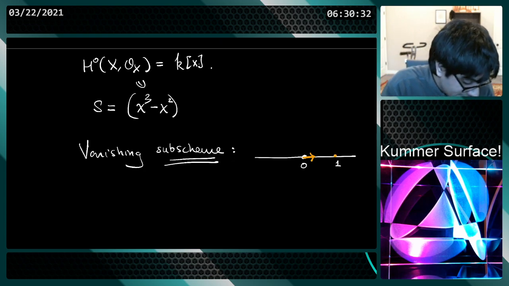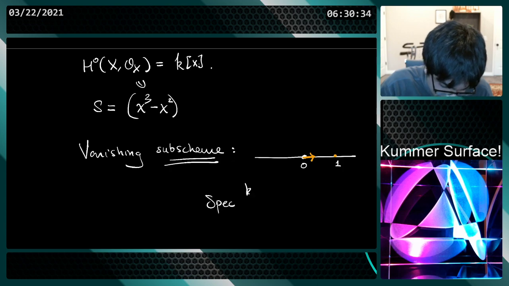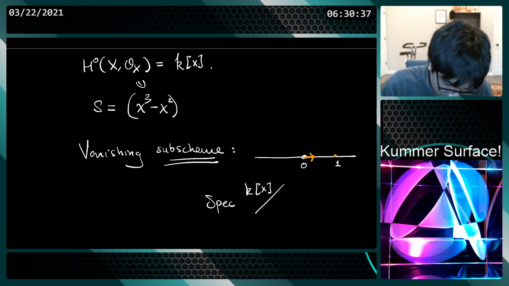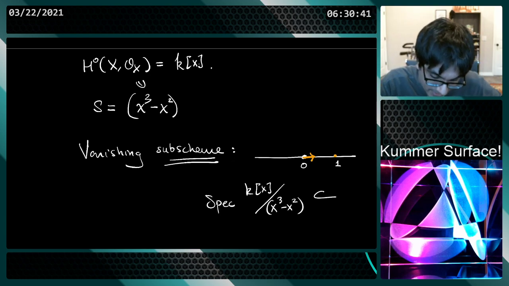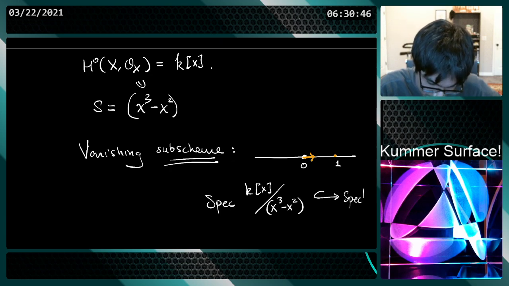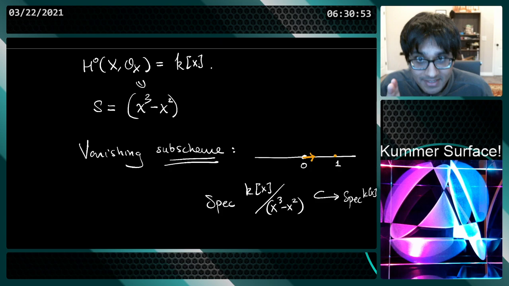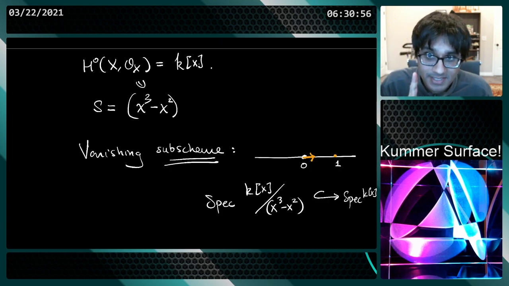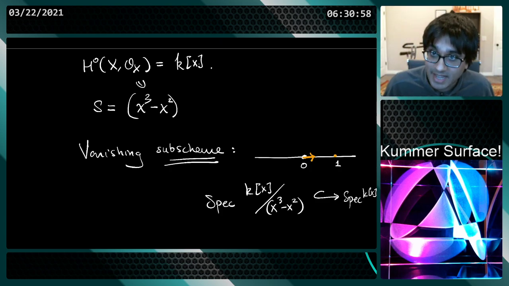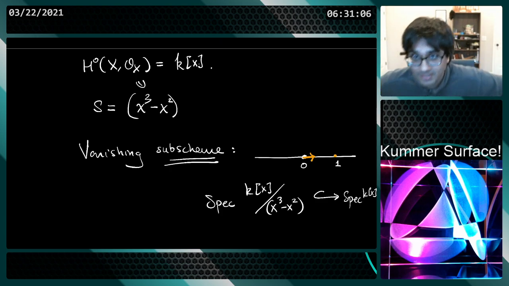It is in fact just this, Spec of... It's not just the subset. It remembers the multiplicities, or really it's remembering the ideal that gave rise to that particular sub-scheme. Yeah? It's just an ideal.